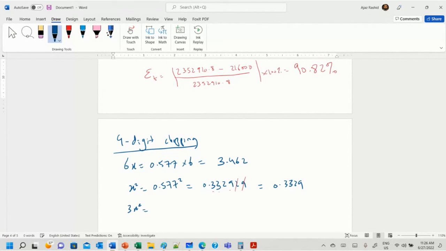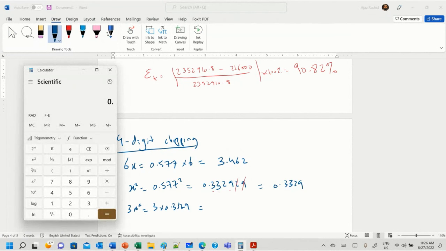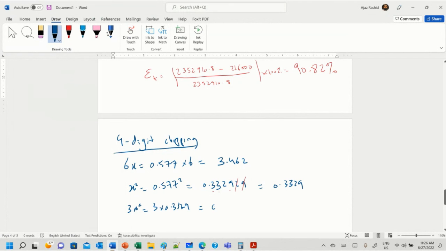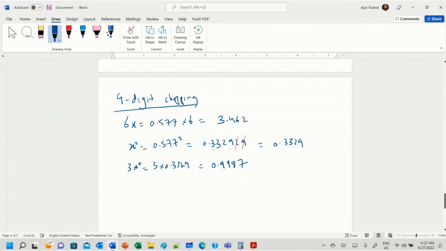So we have 3x squared. That's 3 multiplied by 0.3329, which is 0.9987. That's 4 digits, so we don't chop anything. 1 minus 3x squared is 1 minus 0.9987.